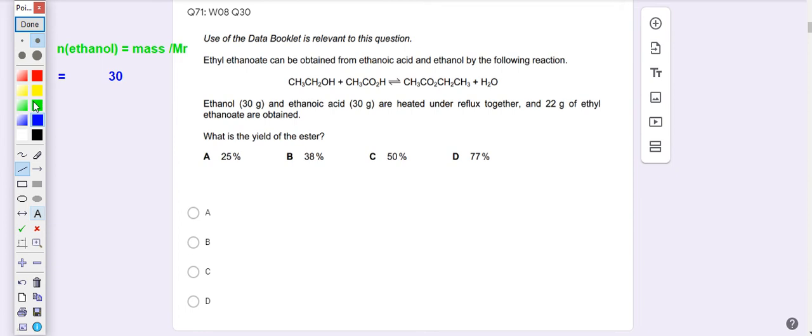Now let's divide by the Mr of ethanol. 2 carbon, 12.0 times 2, plus 6 hydrogen, 1.0 times 6, plus 1 oxygen, 16.